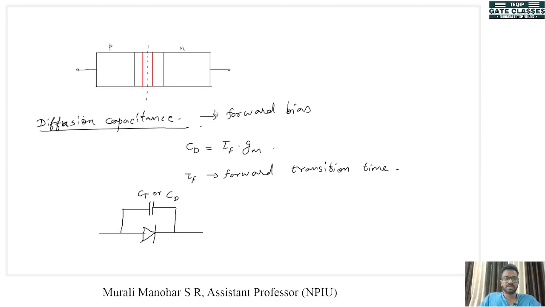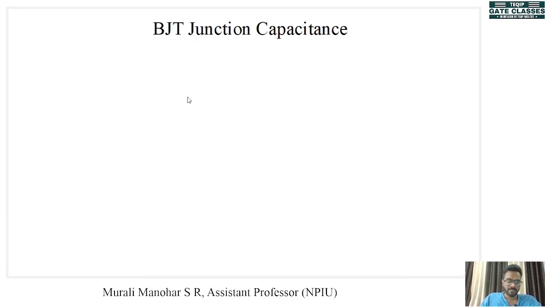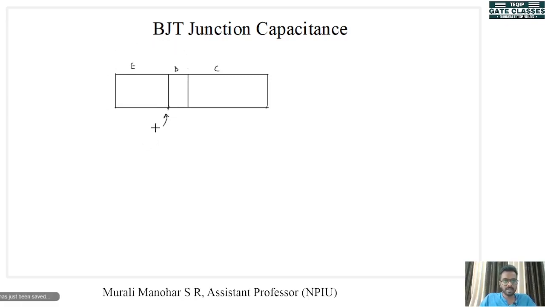Now we can see what the junction capacitance of a BJT looks like. So in a BJT, there is one more junction. There is our base, emitter and collector. Let's say this is emitter, this is base, this is collector. So for an amplifier, the emitter base junction will be forward biased, right? So at the emitter base junction, we will have the diffusion capacitance.